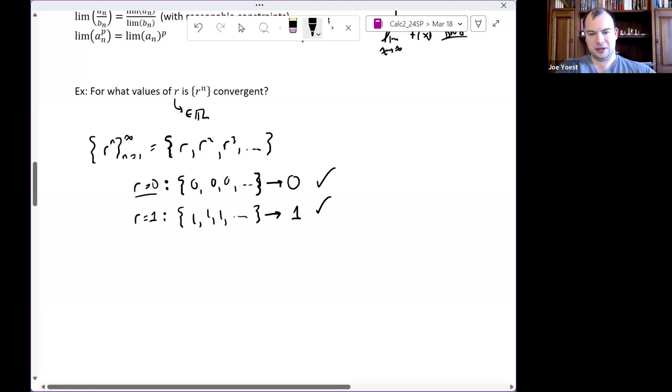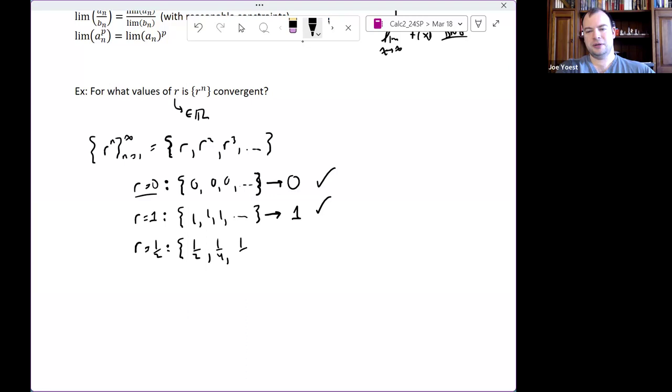What about something like r equals 1/2? We have 1/2, 1/4, 1/8, 1/16, 1/32, and so on. We see that this sequence converges to 0.